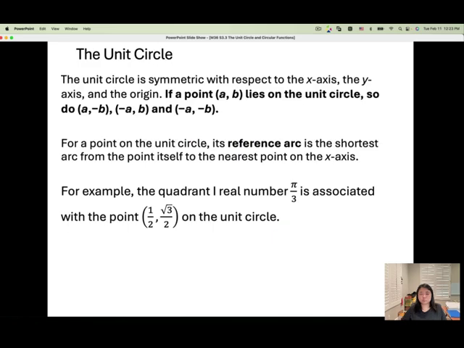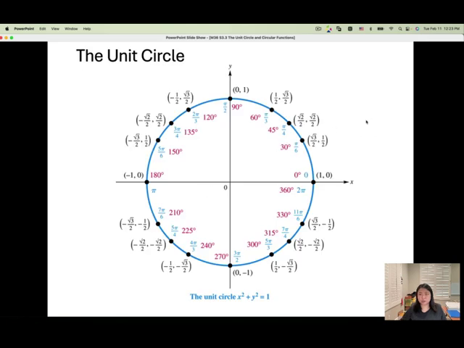The unit circle is symmetric with respect to the x-axis, the y-axis, and the origin. If a point a, b lies on the unit circle, so do a, negative b; negative a, b; and negative a, negative b. You could think about pi over 6 here. We have the coordinate root 3 over 2 and 1/2.